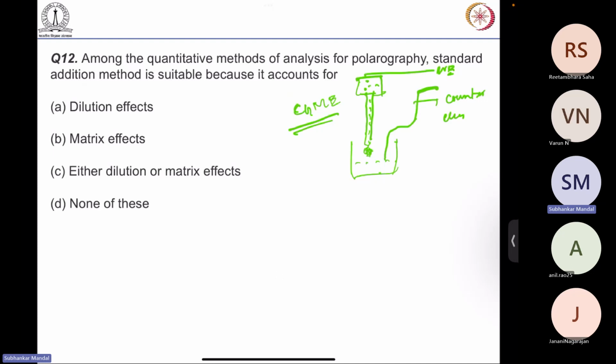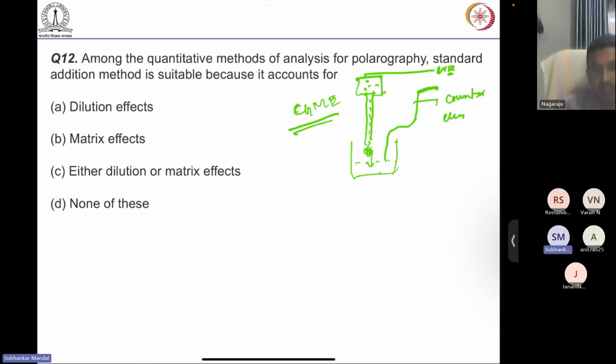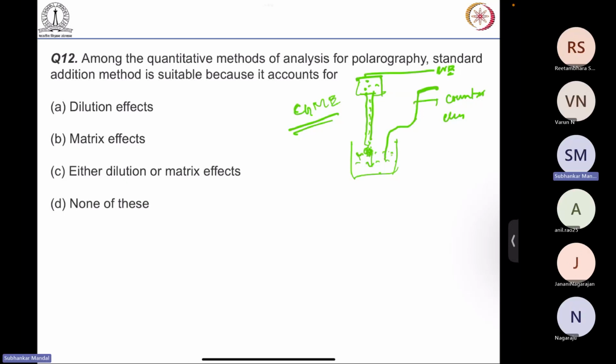When the dropping electrode is formed, it comes out from the capillary, and again a new drop of mercury forms. So when you are adding mercury step by step, the volume of the solution is increasing, so you are diluting the electrolyte. So dilution effect is one answer. Yes, I think O'Neill has written dilution effect, that is correct. And the other one is also matrix effect. I think last class I discussed the matrix effect in more detail.